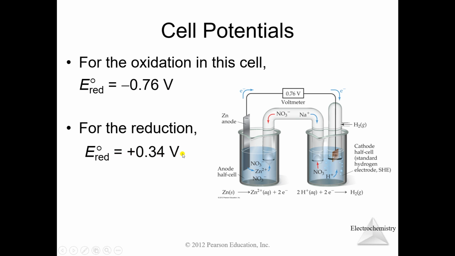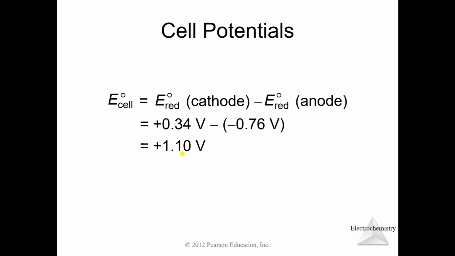Now, the trick is, for electron flow to occur, we know the overall cell potential must be a positive value. So if we use this equation where E naught cell equals cathode minus anode, remember, that's a typo right there. Sorry, can't change it while I'm in recording mode.